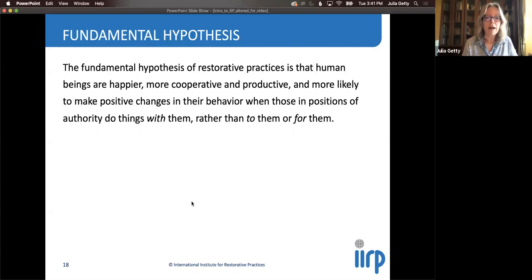So obviously you can see that it is the social discipline window that allows us to live the fundamental hypothesis. It's what allows us to understand whether we are actually being with people rather than acting in a way that is to or for them.